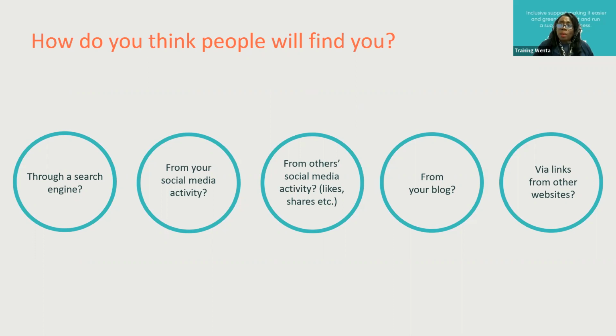Anyway, think about how people are going to find you. Think about your presence on social media, not just your presence, but your activity as well. You cannot just have a social media page that you are not active on. The algorithm will pick up your lack of activity, and the algorithm measures activity.